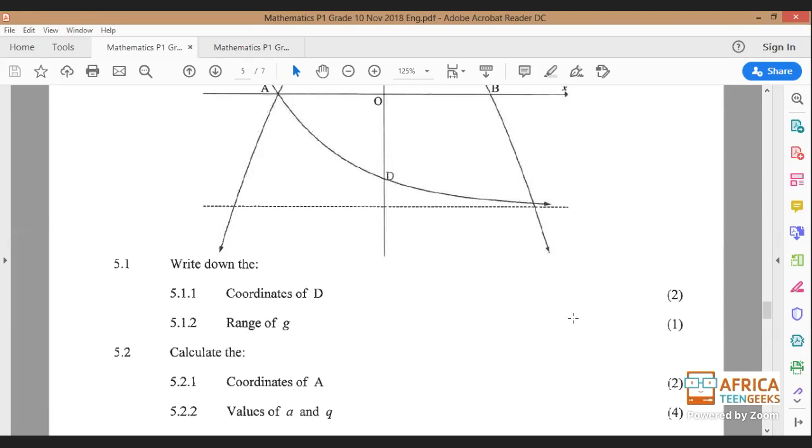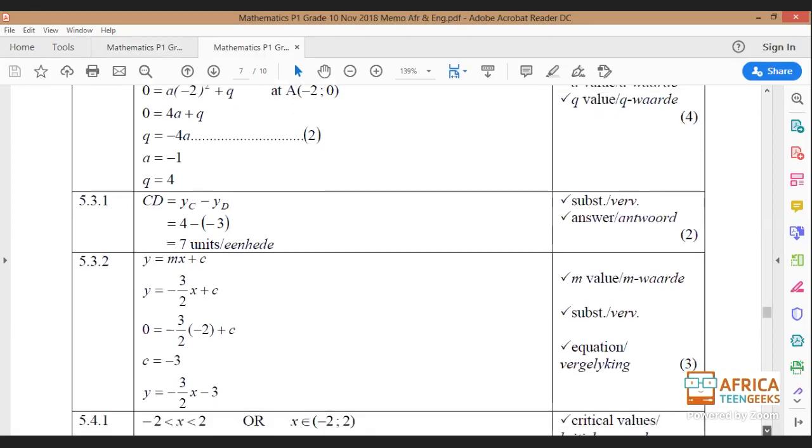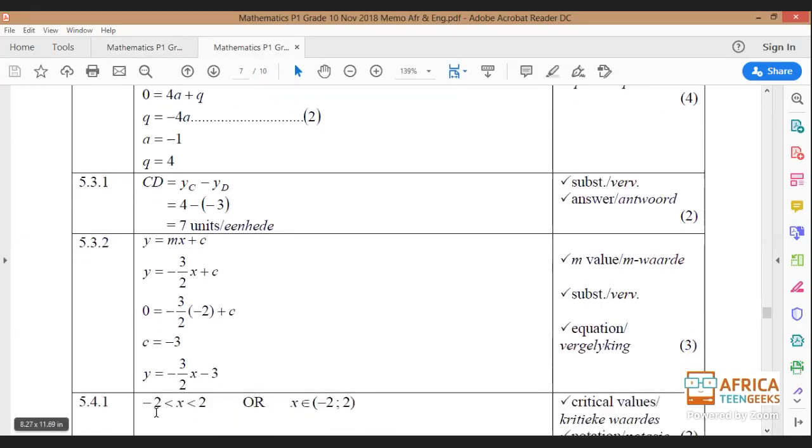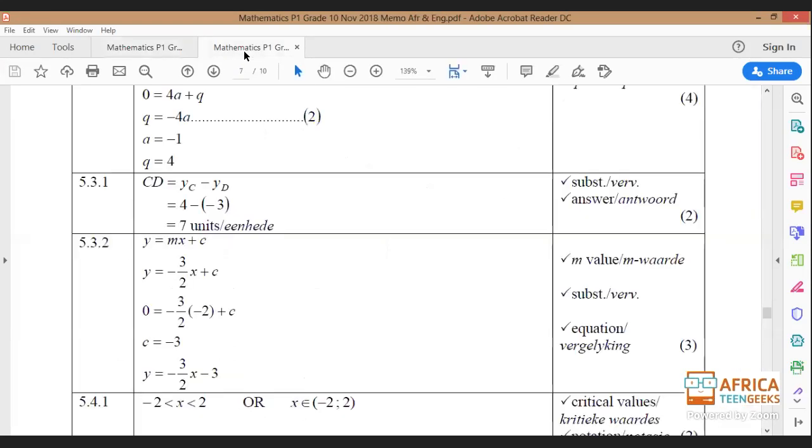So we take the f(x) equation, say greater than 0, then solve for x. Then we can see which values will be greater than 0. It's -2 and 2, which are your x-intercepts, your point A and point B. So you are solving for x using the equation of f(x).